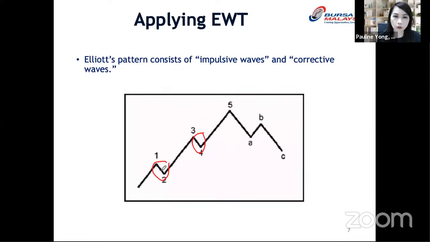So that is the rule of alternation. Later we will look at the different types of correction patterns. The rule says that if you have a flat here, a horizontal flat, you mustn't see a horizontal flat here. You must see a zigzag wave here. That is what the rule says.